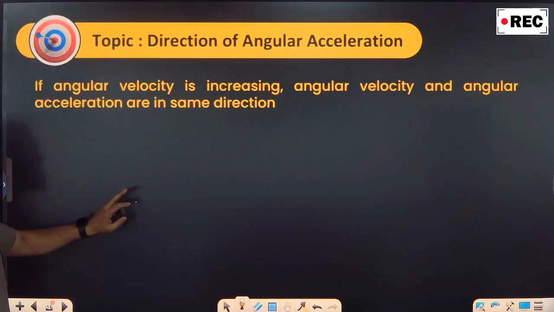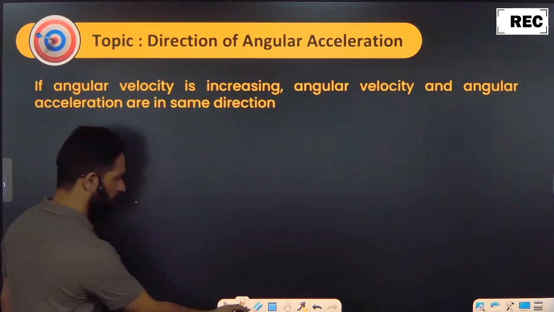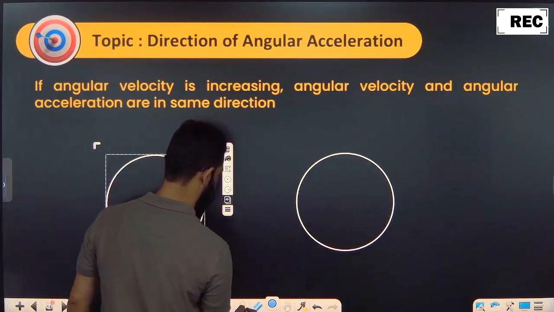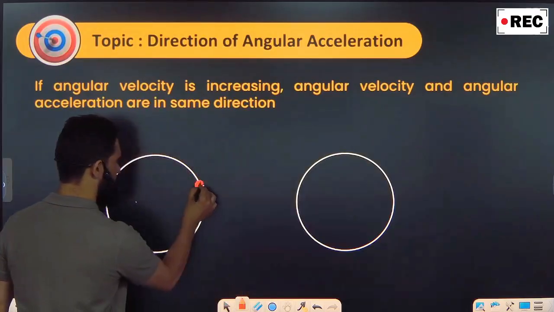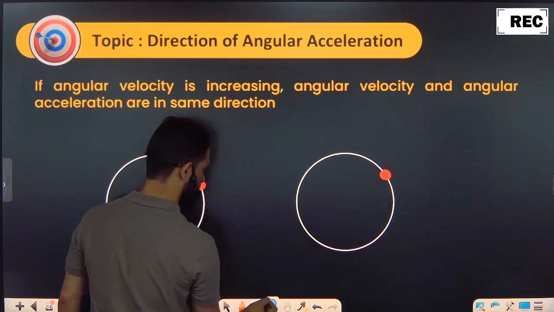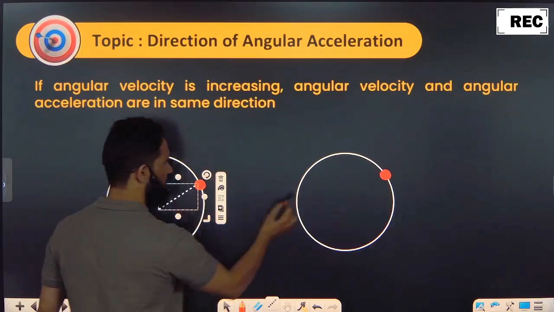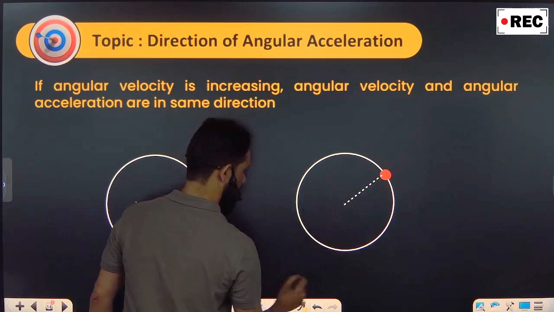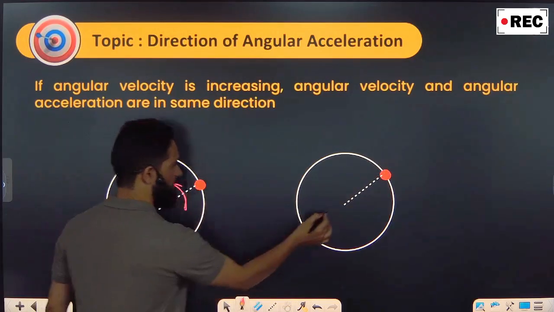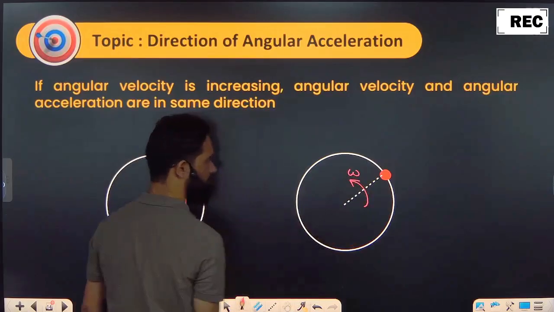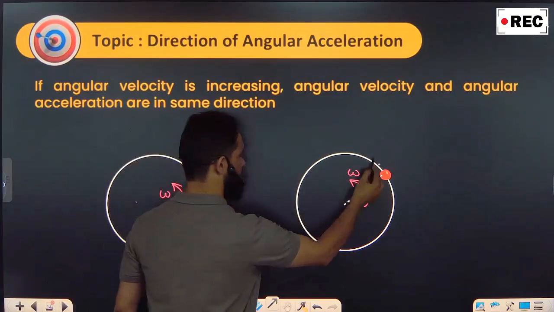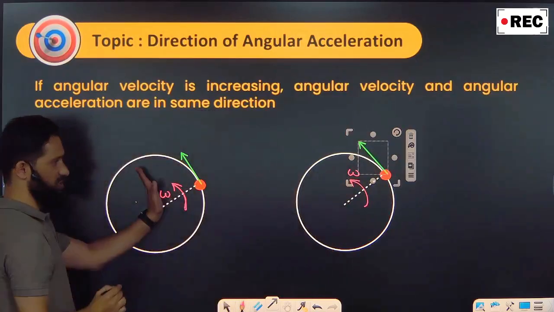Okay, what should be the direction of angular acceleration? See, if the body is speeding up or slowing down, say a body is going in the anti-clockwise direction, like this, and this one also. This is omega, this way also omega, both anti-clockwise.